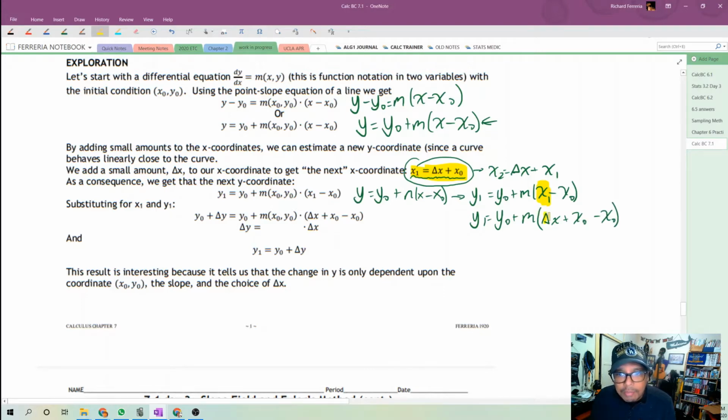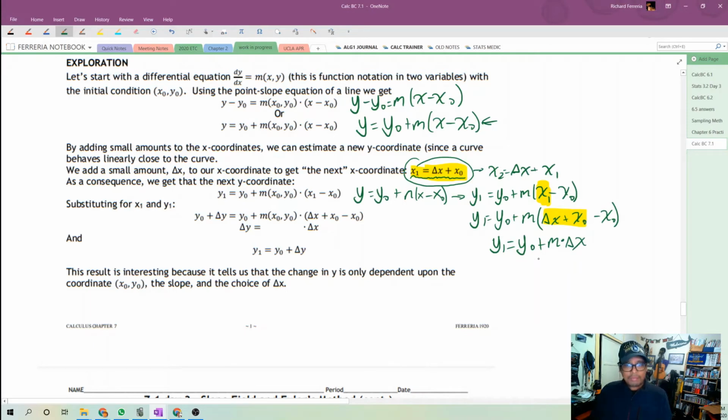Okay, that's the part that we substituted in. And look at that. Plus x naught minus x naught. That stuff cancels out, and we get a really convenient equation. y1 equals y naught plus m multiplied by delta x.